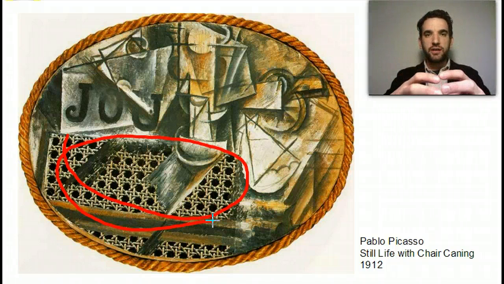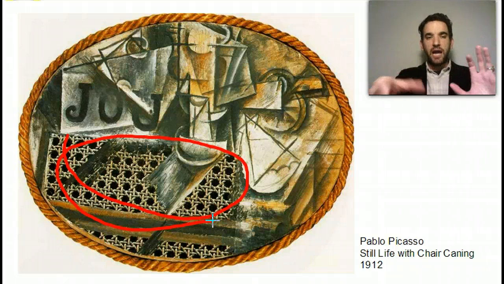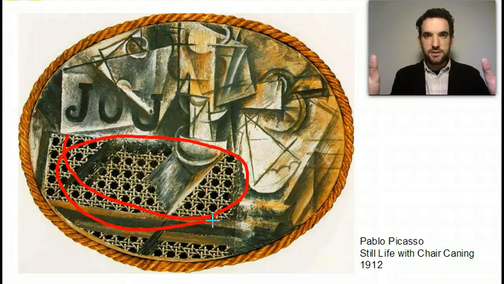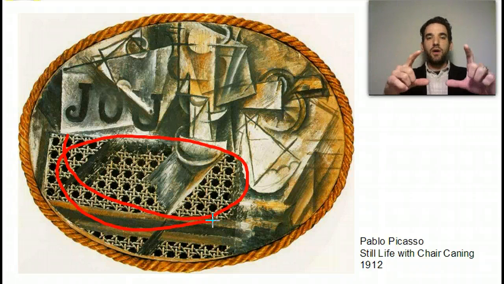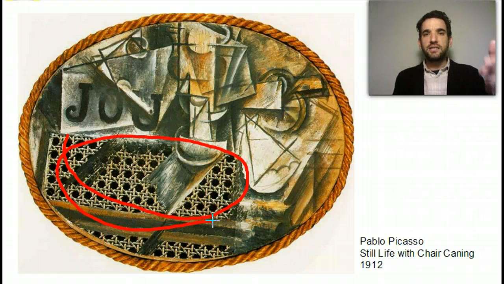And then you look at the chair caning, and you think it's like the rope, it's real chair caning. But then when you find out that it's printed on paper, as will be indicated on any wall text around the painting, you understand that he's playing with you on yet another level. So you think you know what you're looking at, but you don't actually know, because the painter has played tricks on you.